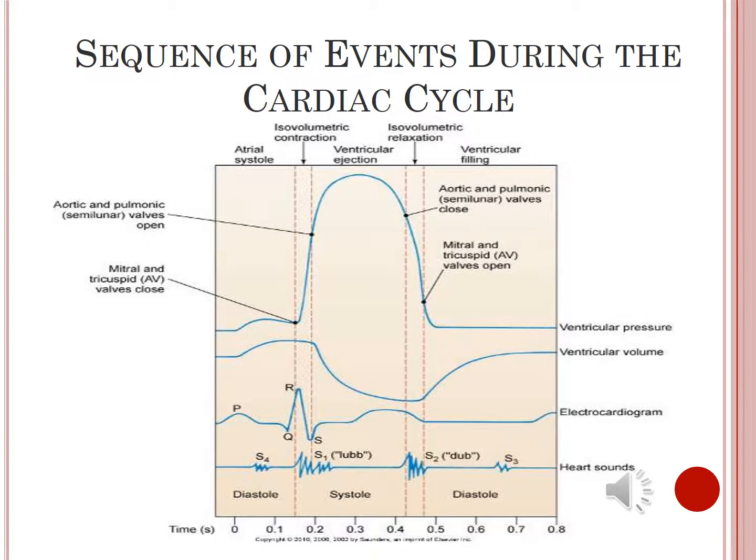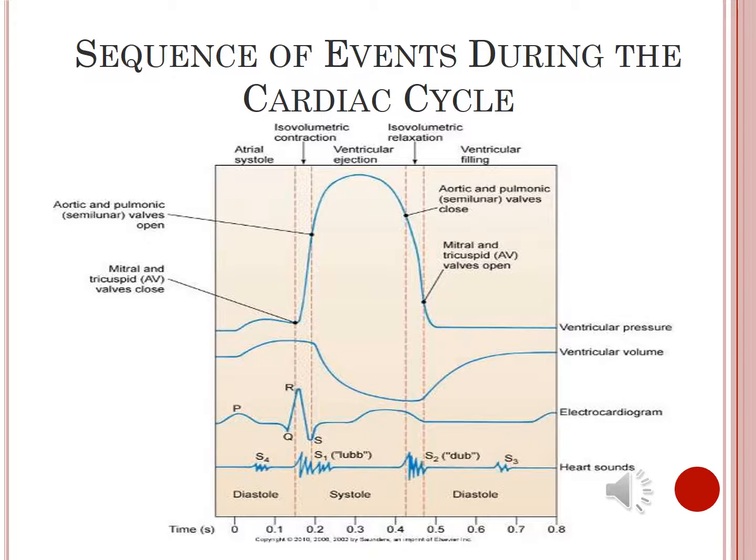Okay, so this may be an introduction for many of you of the actual electrocardiogram, or an actual EKG, or an actual sequence of events that happens in the cardiac cycle. So the electrophysiological properties of the heart are responsible for regulating heart rate and rhythm.